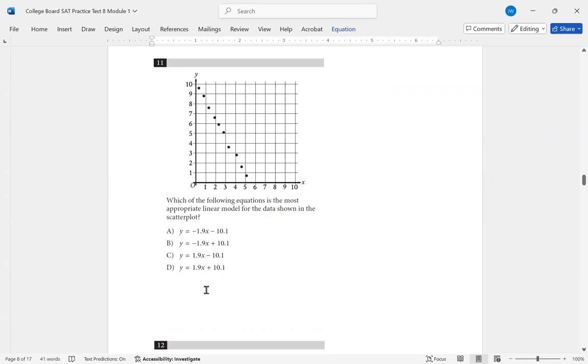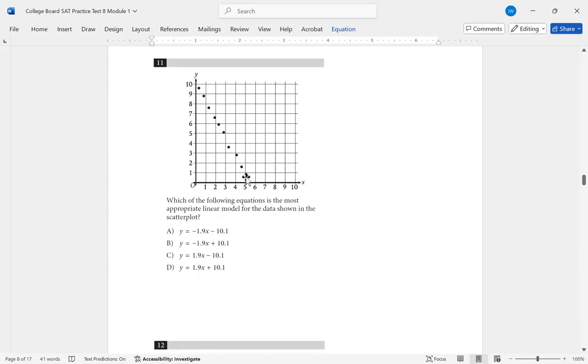Question 11. Which of the following equations is the most appropriate linear model for the data shown in this scatter plot? So I look at this scatter plot and I should recognize that we have a negative slope. As we move left to right, generally these dots are moving down. So we have a negative slope, and this line appears to be crossing close to (0, 10)-ish.